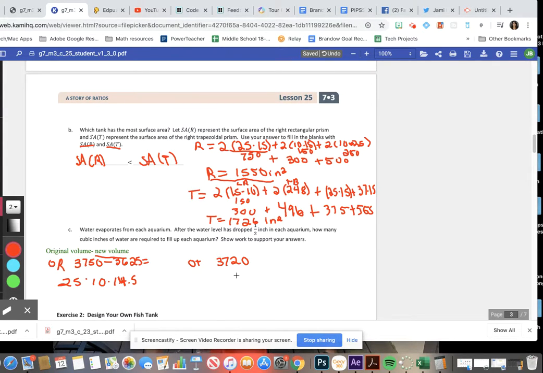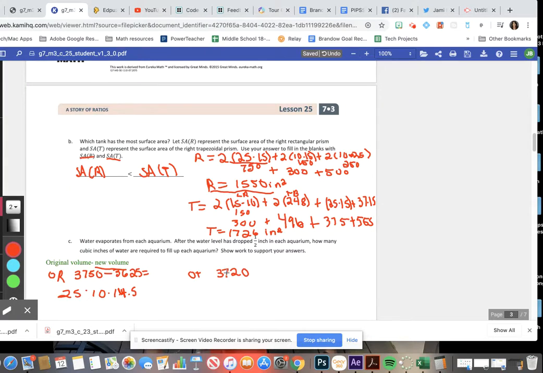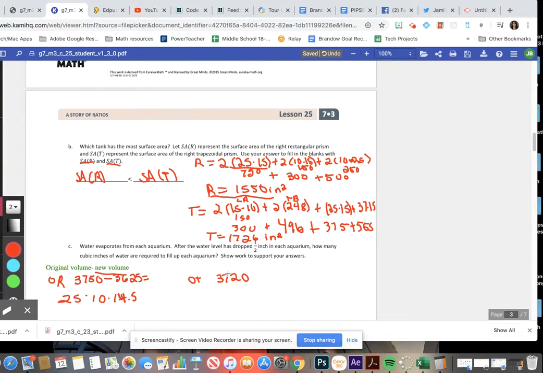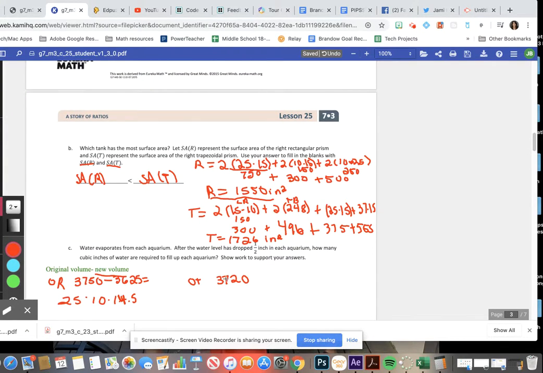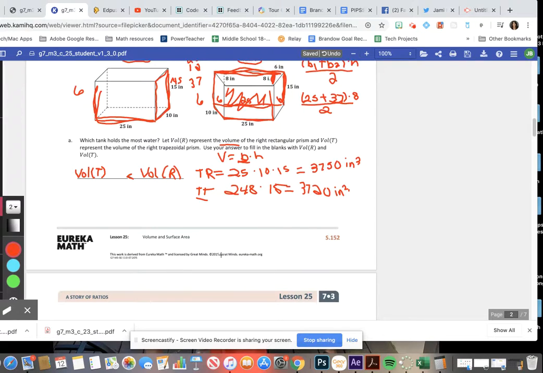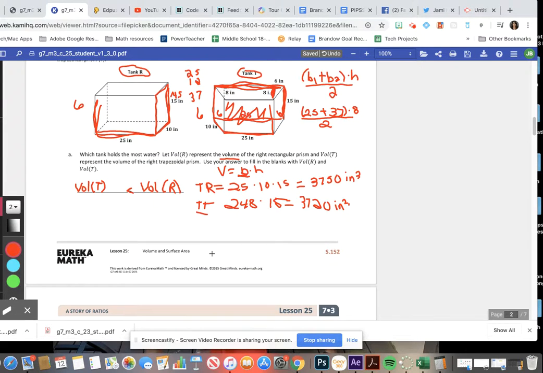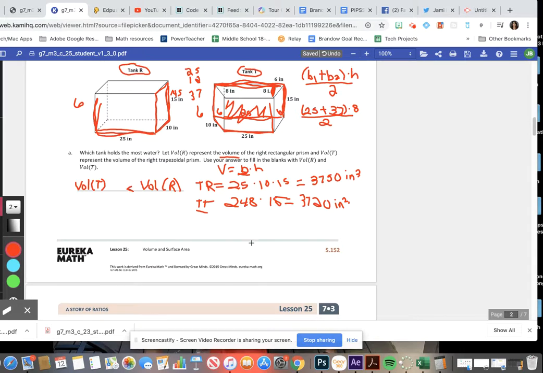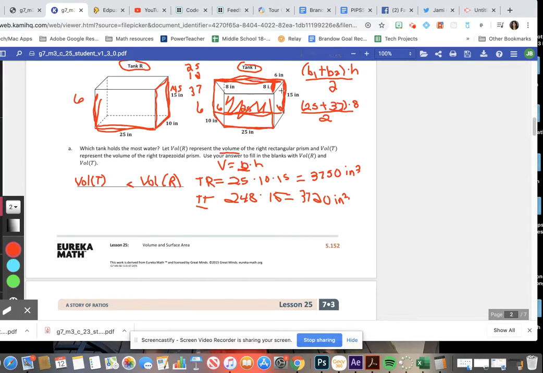The original volume of tank T, the trapezoidal, is 3,720. Well, instead of times 15 here, I would take the area of the base, which we already know is 248, times not 15, but a half inch shorter, 14.5.